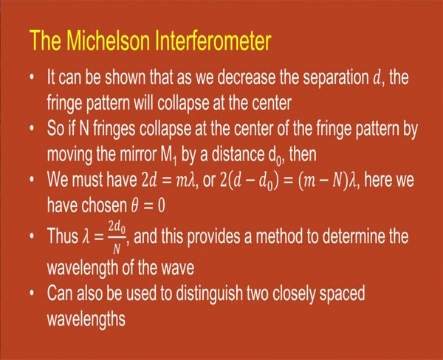Here we have chosen theta is equal to 0. Thus, lambda is equal to 2d0 by n, and this provides a method to determine the wavelength of the wave. So, this can also be used to distinguish two closely spaced wavelengths.